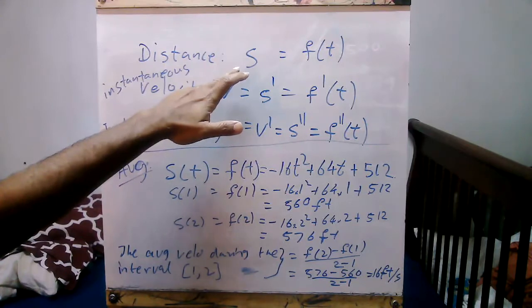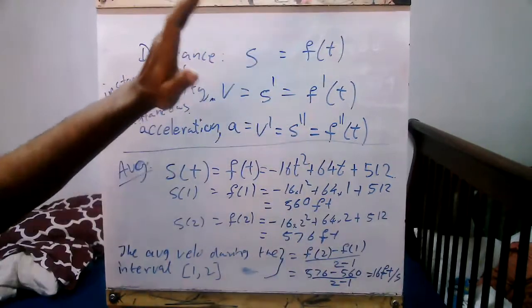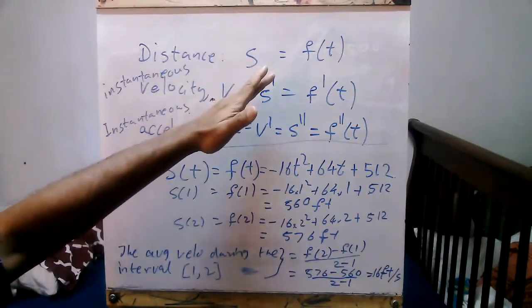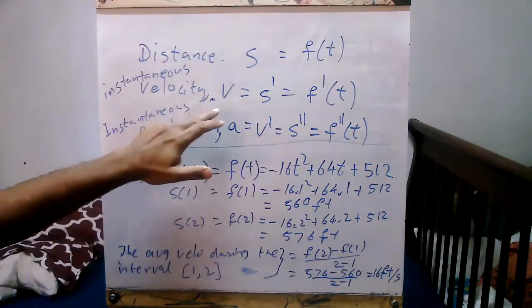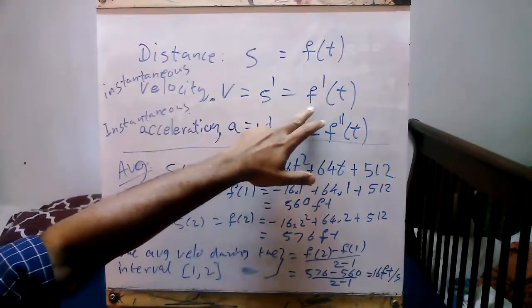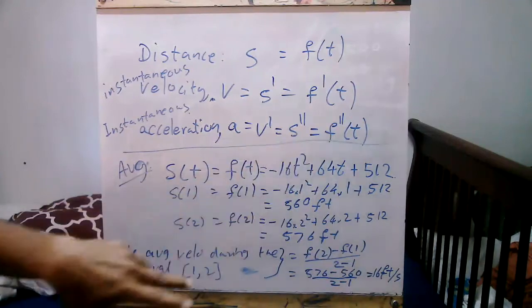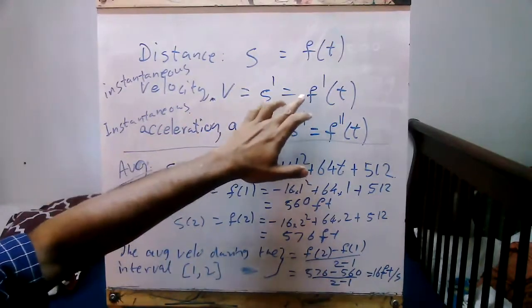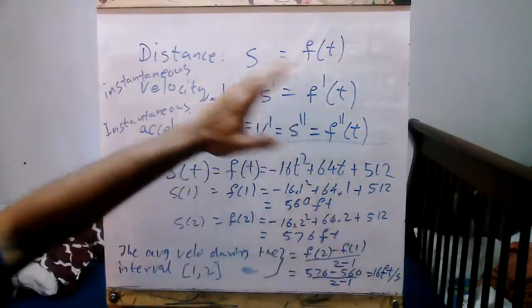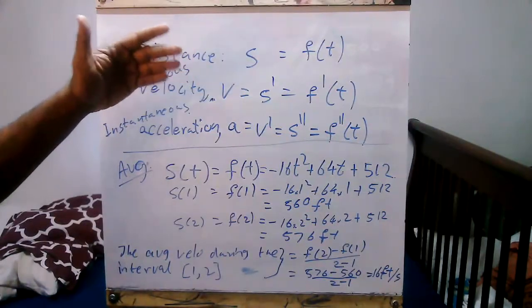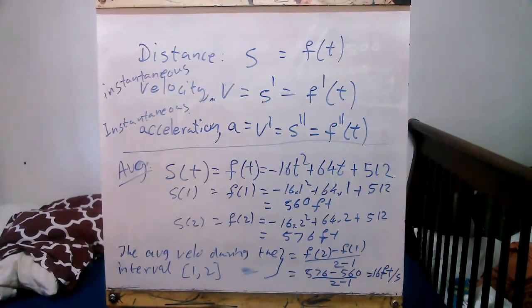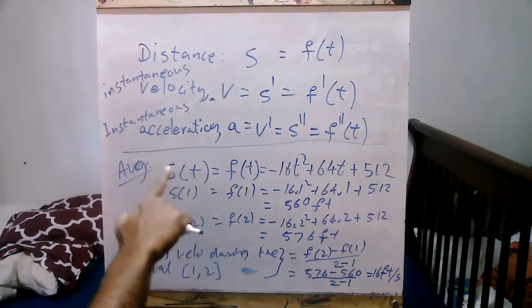When the time is 1.1 seconds, the velocity is f dash 1.1, right? We find the derivative, and we substitute 1.1 if we want to find the velocity at 1.1 seconds. Here you cannot do it.